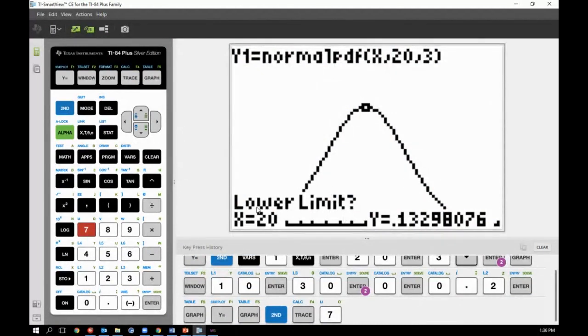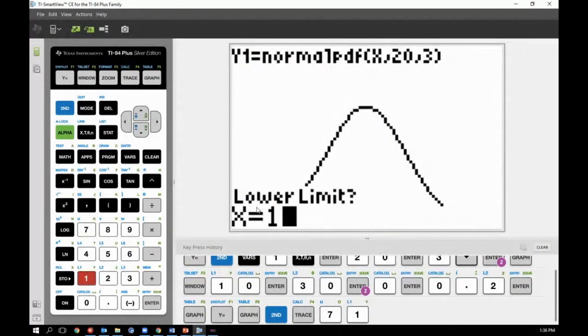So for the lower limit, we're going to actually type 17. That way it's exactly 17. Hit enter.